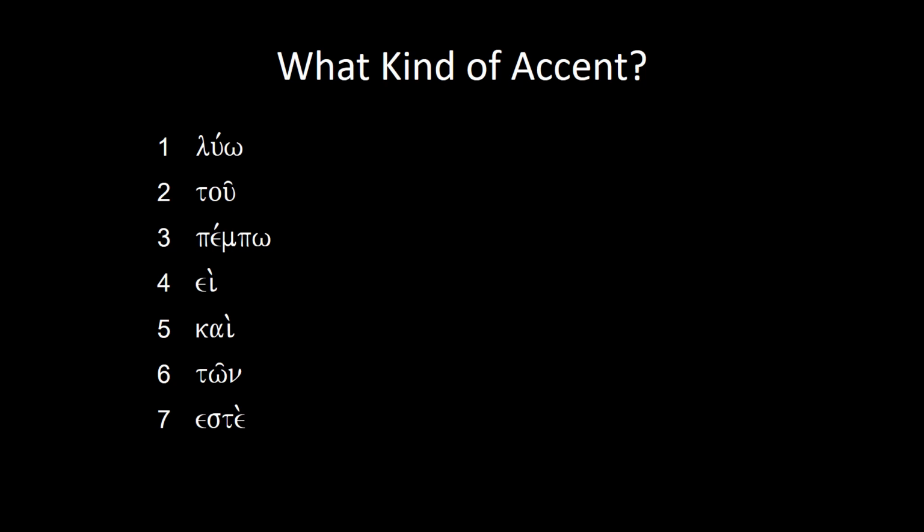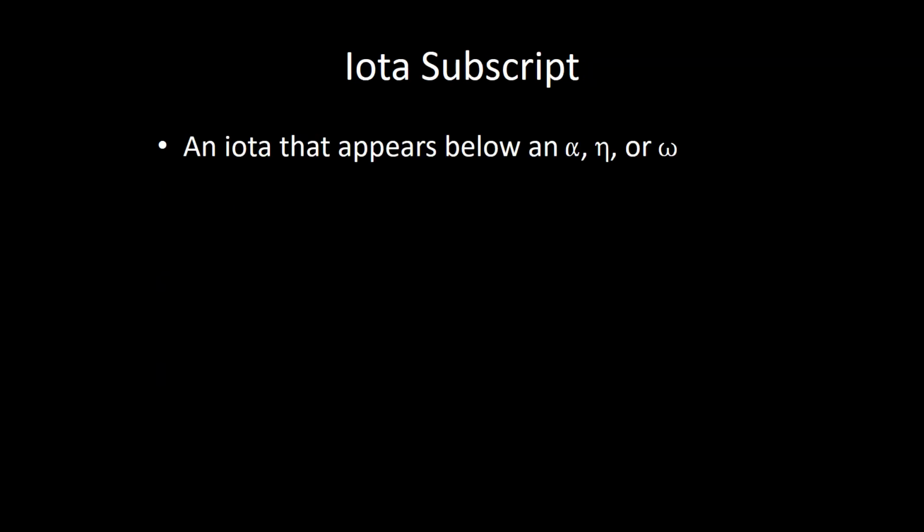Here, este, este. Accent's going down. That's a grave. Now, we learned the letter iota earlier, the letter that looks like an I. You can put an iota below the script, subscript. Think of a submarine. It goes under the water. An iota subscript goes below the script.